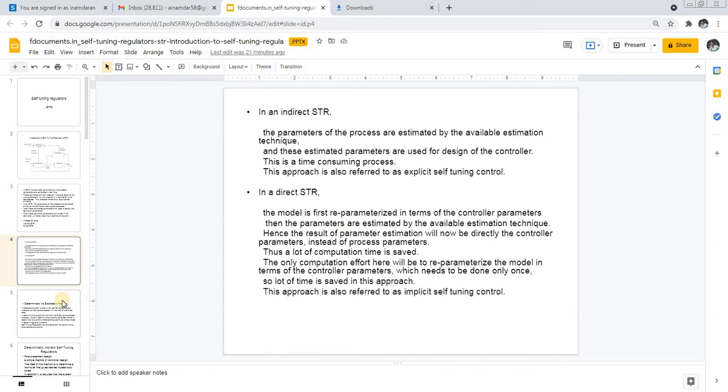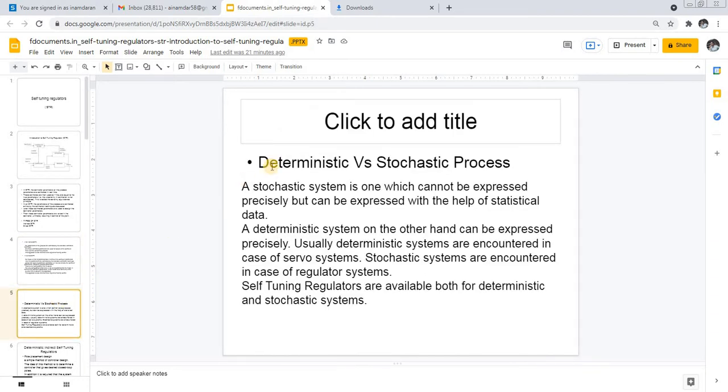Now after that we are going to have a look at what is a deterministic and what is a stochastic process. A stochastic process or system is one which cannot be expressed precisely, but it can be expressed with the help of statistical data. And the second one is a deterministic process or system. A deterministic system can be expressed precisely.